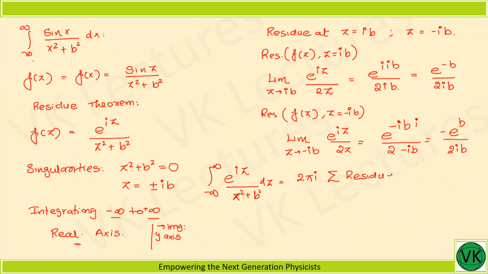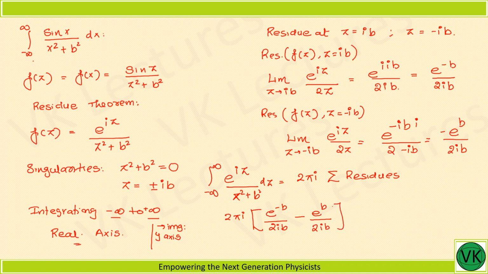So that's equal to 2 pi i into e to the power minus b divided by 2ib minus e to the power b divided by 2ib.